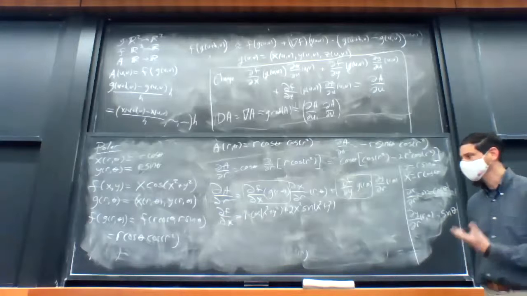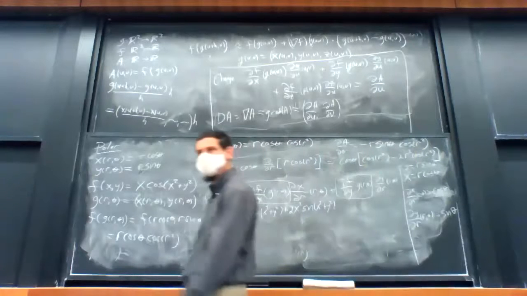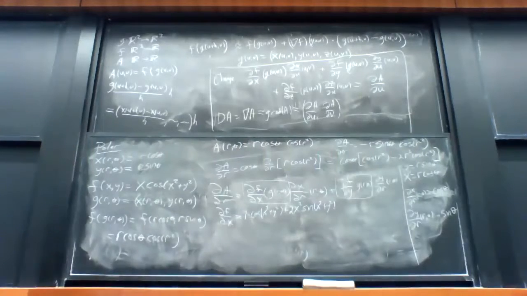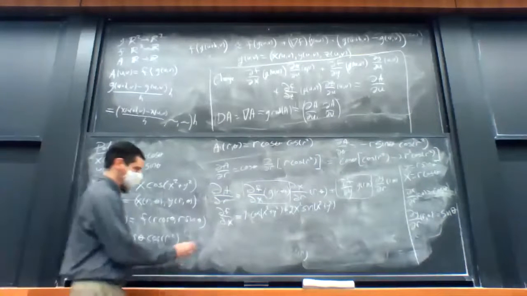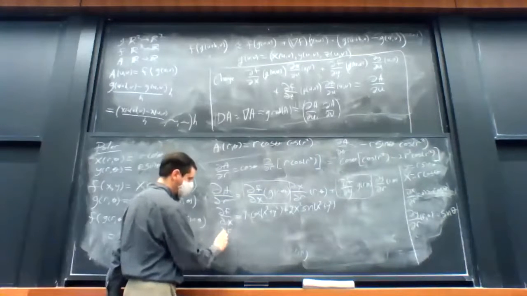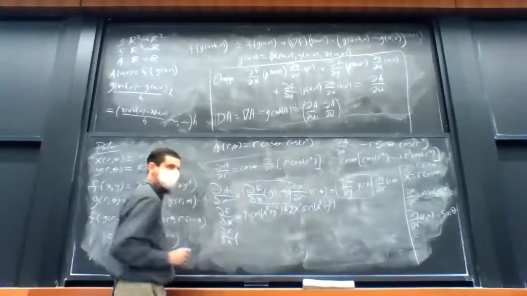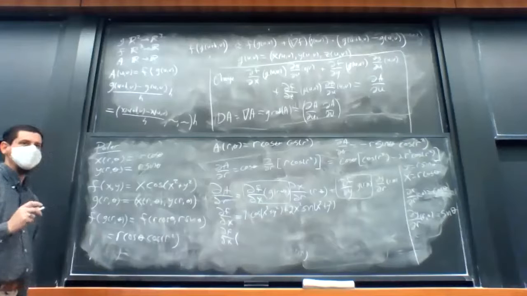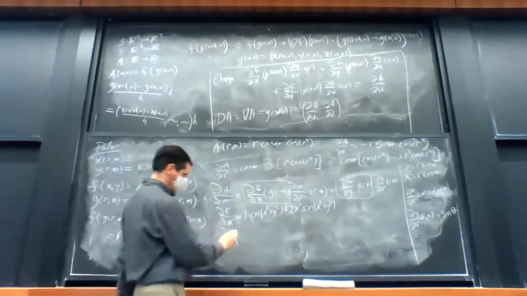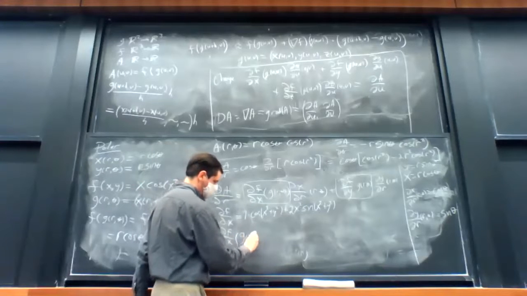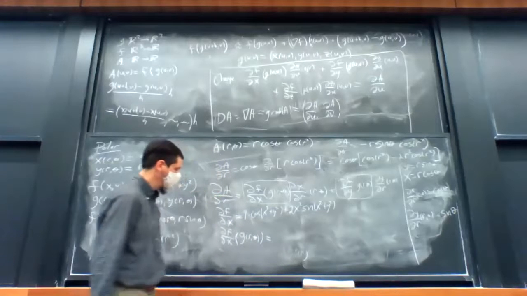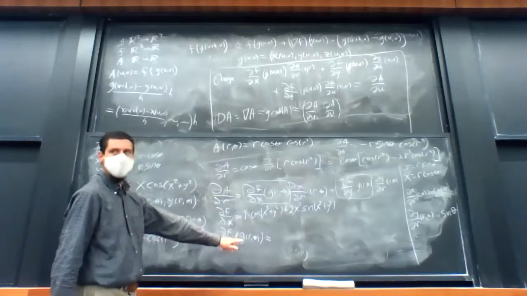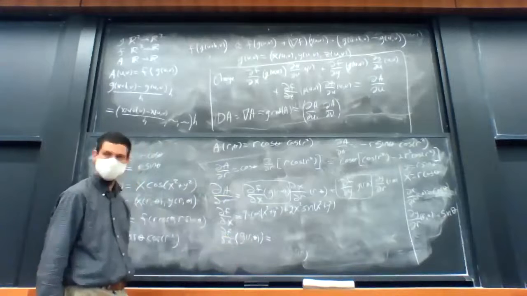Have I evaluated df/dx where I want to evaluate it? Where do we want to evaluate it? I want df/dx at what point? Not at r, theta. G of r, theta. And so when I put that in here, that's the point r cosine theta, r sine theta.